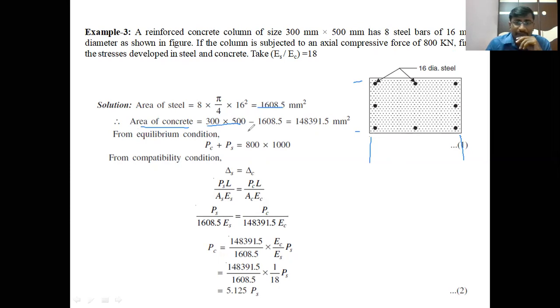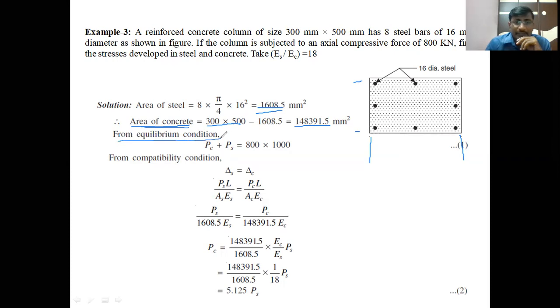If we subtract 1608.5, we get the area of concrete alone. The area of concrete alone is 148,391.5 mm square. Clear? So this is the total area of concrete only, and this is the cross-sectional area of the steel bars. Clear, students?